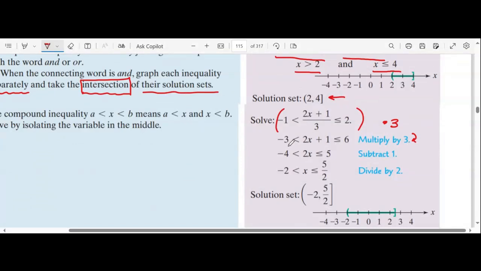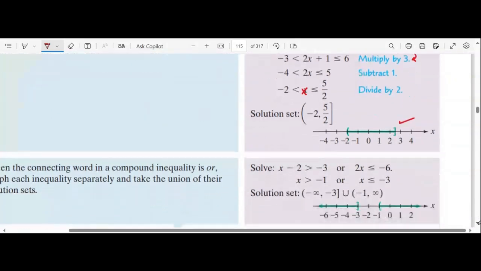The new inequality is negative 3 less than 2x plus 1 less than or equal to 6. Subtract 1 from all three sides, and you get a new inequality, and then divide by 2. So what's your final answer? Negative 2 less than x less than or equal to 5/2, and that's how you graph it.